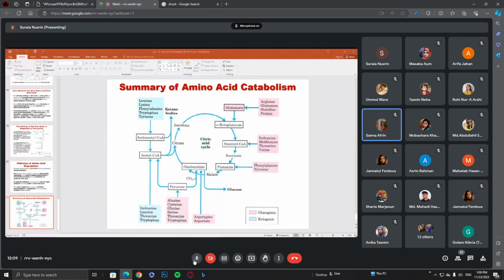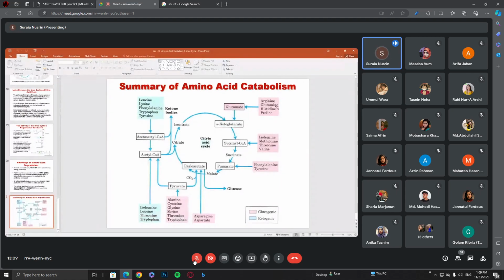Whatever reactions are involved here, how these amino acids ultimately become glutamate, and also glutamate becoming alpha ketoglutarate, that reaction is very simple, or you have already learned. And this one, how these amino acids are becoming succinyl CoA, what are the specific reactions involved, you have to elaborate them, discuss them.